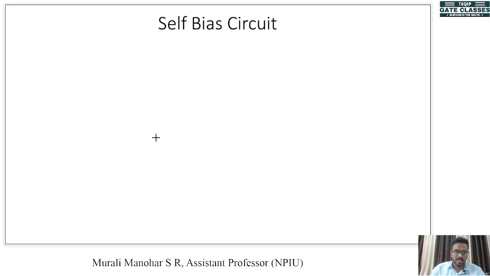Okay. So self-bias circuit looks like this. The difference between self-bias and fixed bias is that there will be a resistor here at the source, and there is no separate supply at the gate.